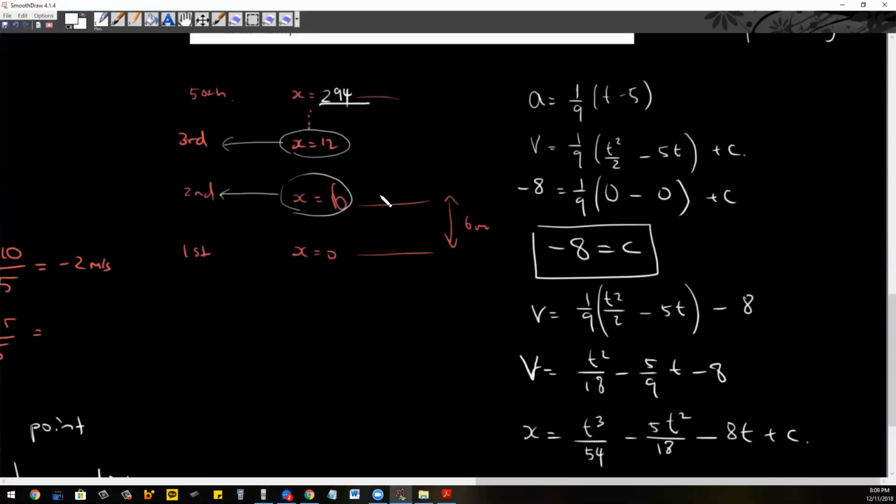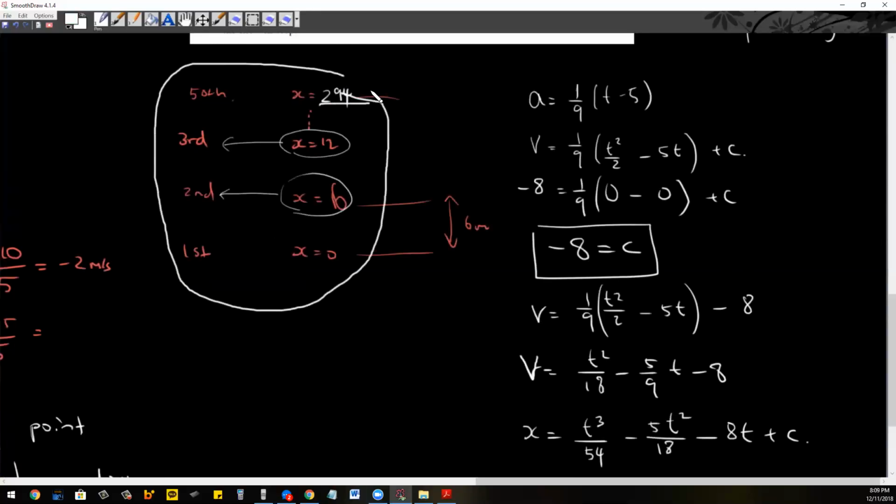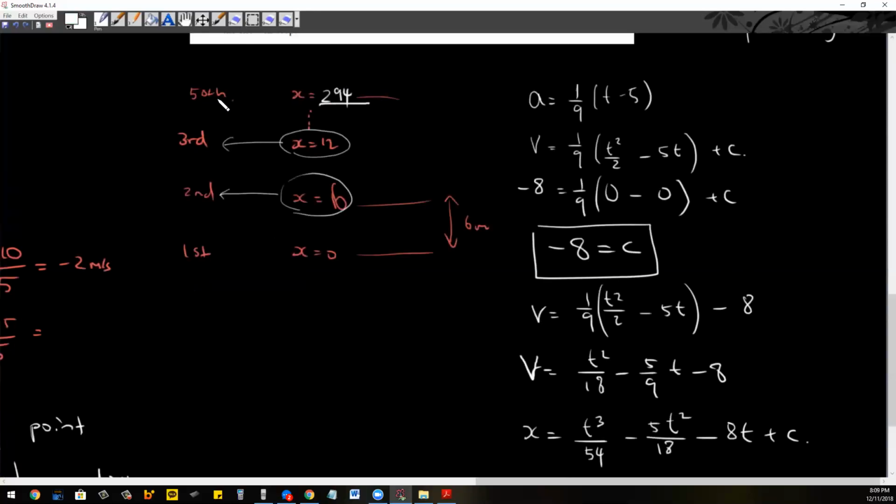So it really is up to you. I use this convention here, but you still get the same thing. In the answer sheet's case, they let the 50th floor equal x equals 300.